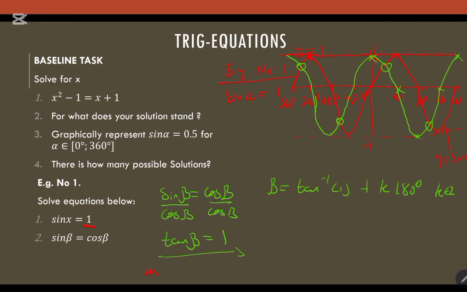Now that still represents the same thing, as in when the terminal arm moves around the point of origin, it completes the graph within 180 degrees. So this is 45 degrees plus k times 180 degrees, and k is an element of integers.